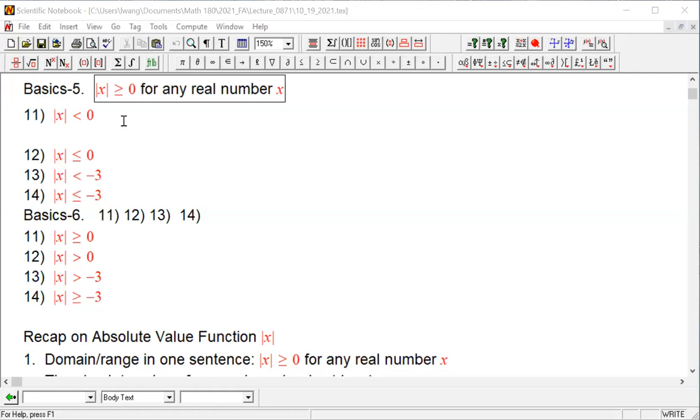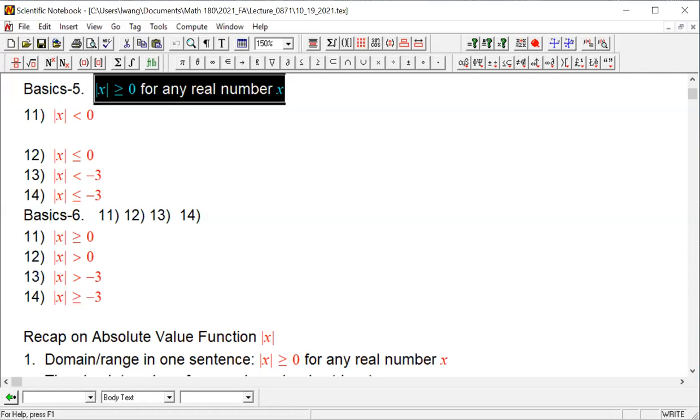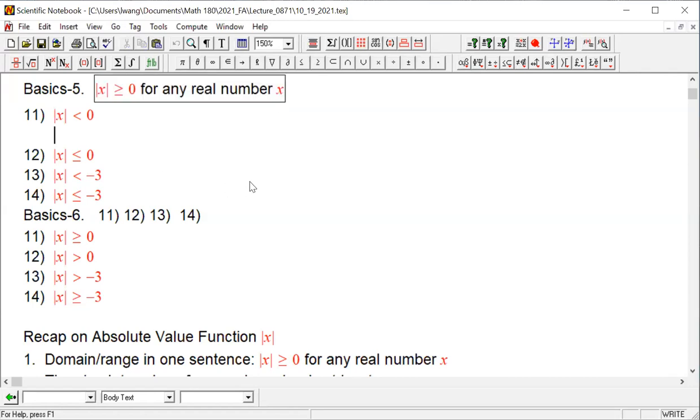Just remind me. So let's look at number 11. We all agree with that, right? So what is the solution to number 11? Is it ever possible?